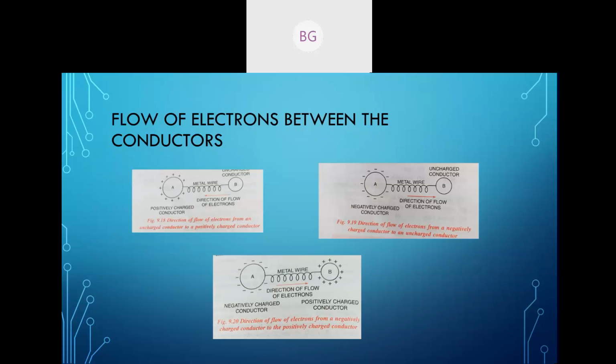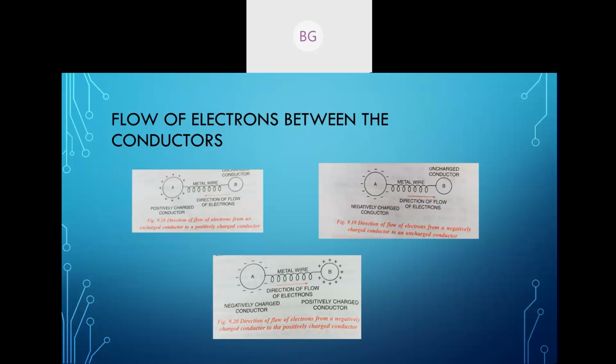And the third condition is if the number of protons and electrons are equal, then it does not have any charge on it, so it is not charged. Yes, neutral, what you can say.